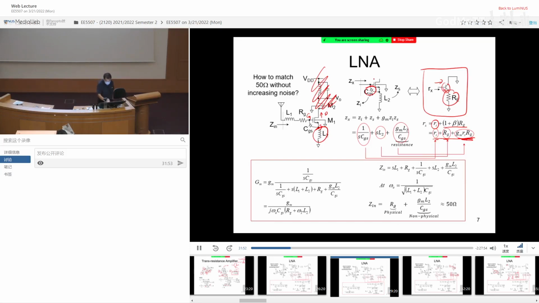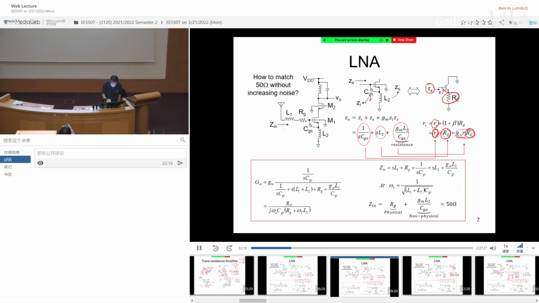So I can do a one-to-one mapping. If the BJT tells me I want to find Rx, I figure out the resistor across the base-emitter junction, which is Ri, then I add Re, and then I add GmRiRe.